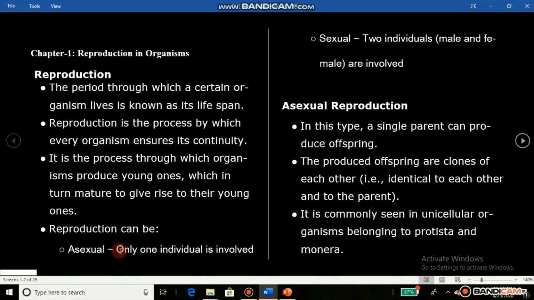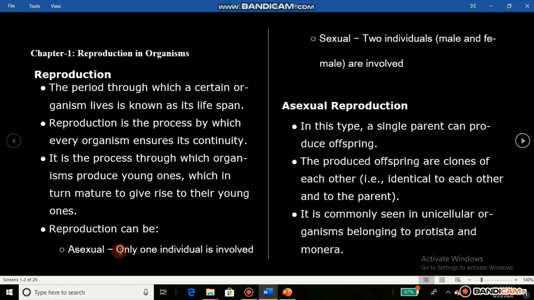That's why the organism created by the parent body is genetically and morphologically completely the same as the parent. The parents and the young ones are identical, so the offspring are known as clones.